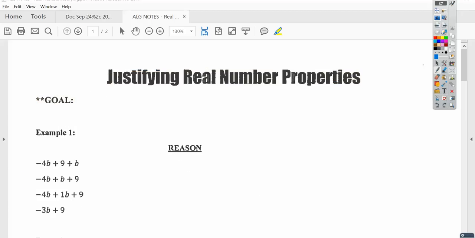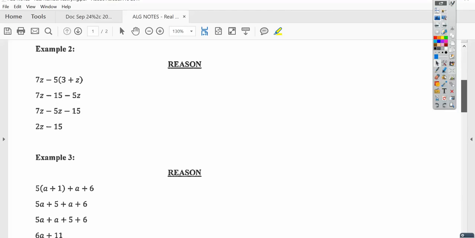If I erase and we keep going and look at the problems below, let's look at example 2. The first thing I'm going to do with example 2 is number my steps: 1, 2, 3, 4. I have 4 steps, so I better have 4 reasons. What do you always know about step 1?